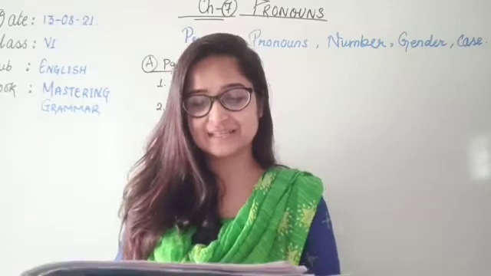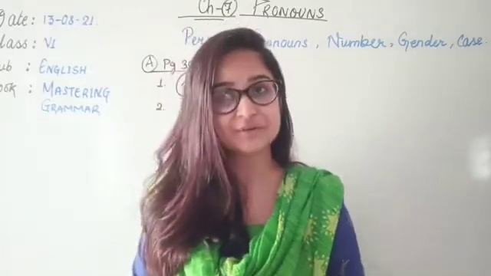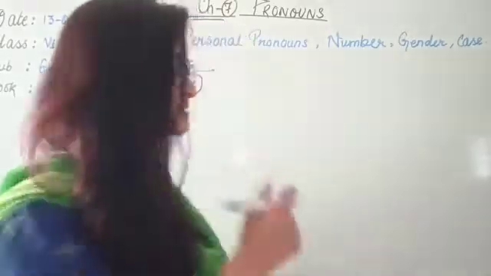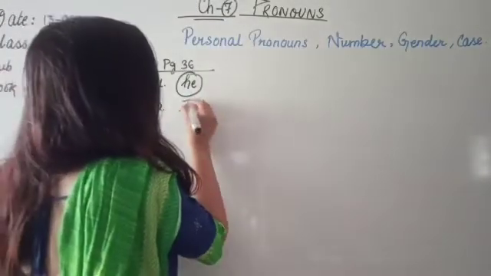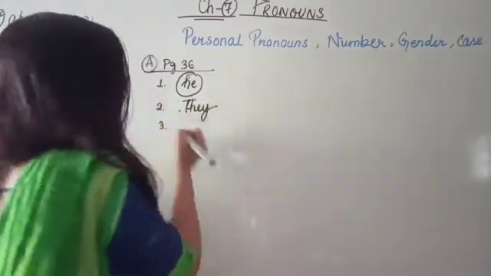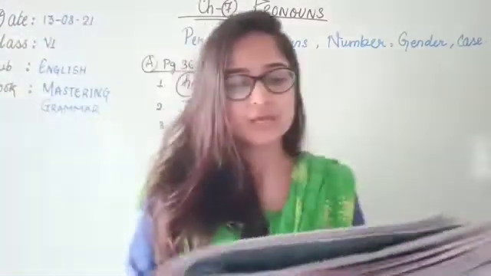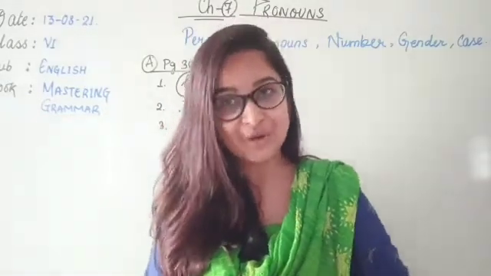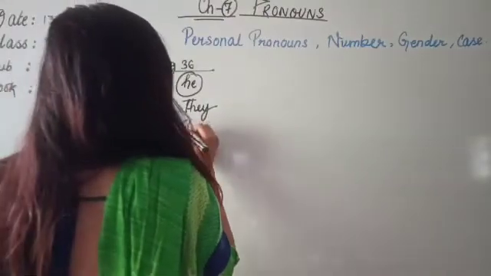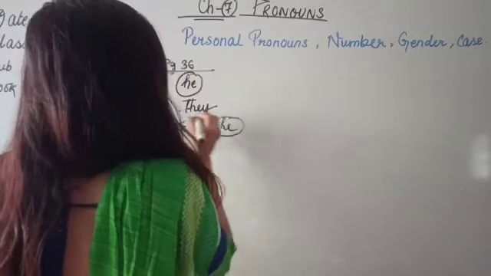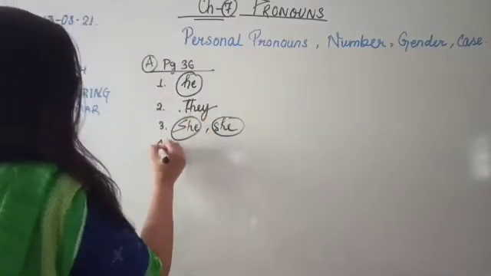They study in the same class. For both of them, for Rita and Sita, we are using another word, they. So they is going to be our pronoun. Number 3. She was crying because she was lost in the forest. So she, and again we have she. So both of the she's should be circled.